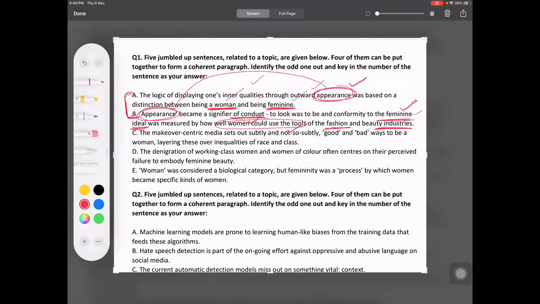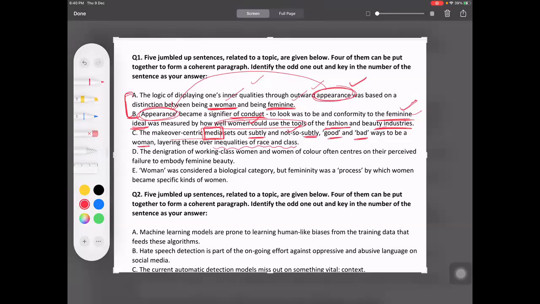Okay, let's come to the C option. It says the makeover-centric media. They are now focusing on the media, right? This is a different point which we haven't read in A or B option. They are talking about the media sets out subtly and not subtly. Subtly means something very difficult to describe, something very difficult to understand. So they're talking about whether it is difficult or not, good or bad, ways to be a woman, layering these over inequalities of race and class.